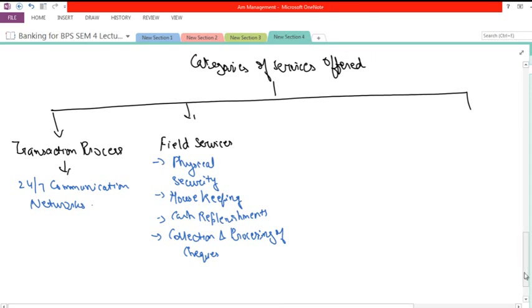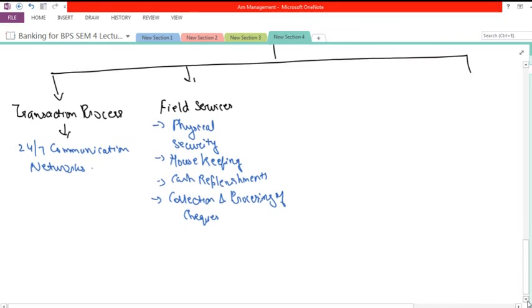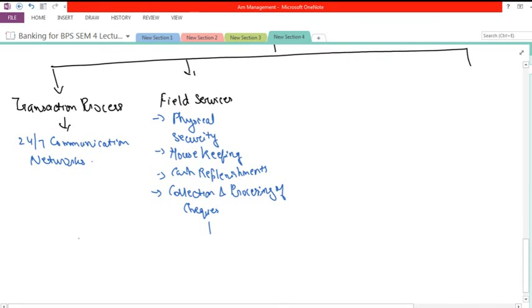In the field services, there are two different categories of services that are included. The first one is known as the first field services or first level services. First level maintenance.